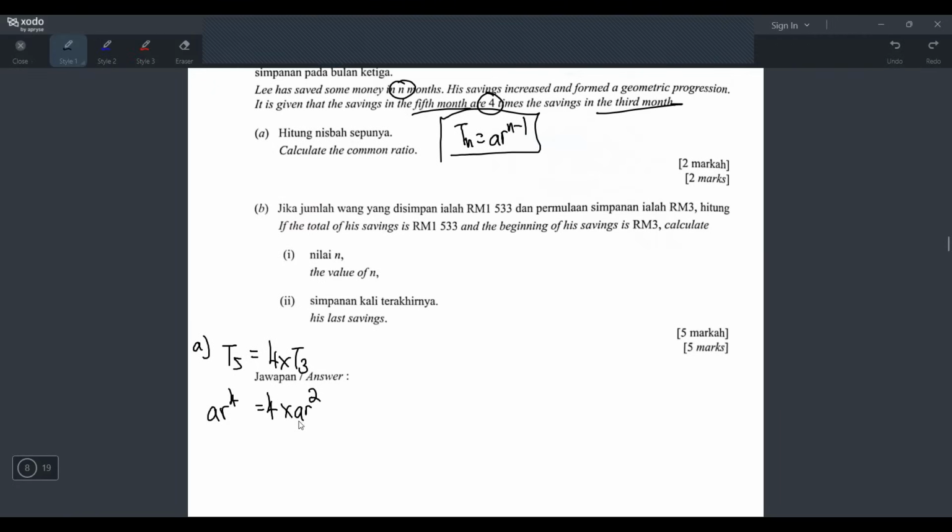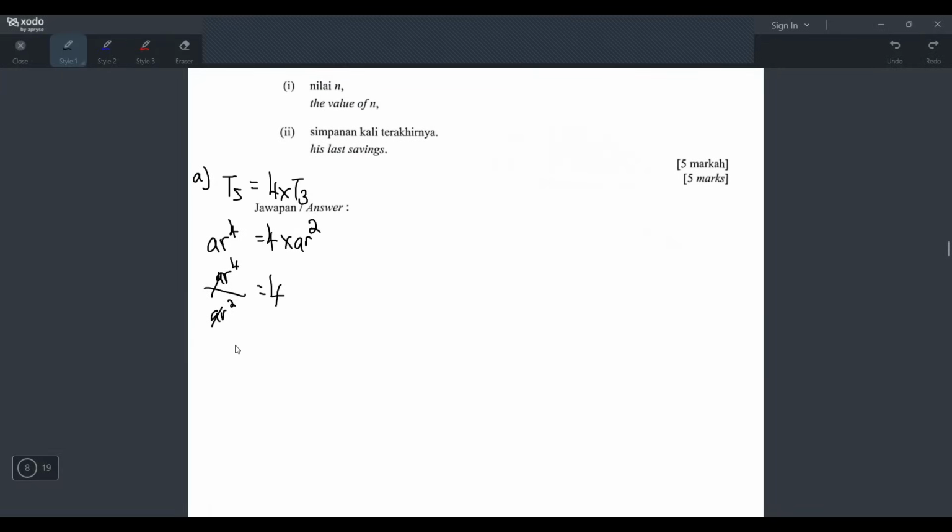I want to find R, so I can just divide them, and you can cut the A. So it becomes AR power 4 over AR power 2 equals 4. The A's cancel, left with R power 4 divided by R power 2, which is R power 2 equals 4. And R will be square root 4, which is 2, right?